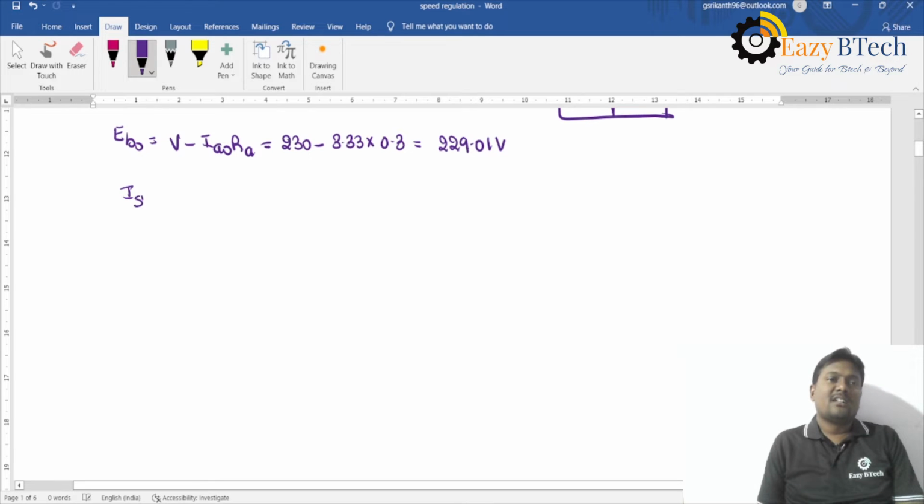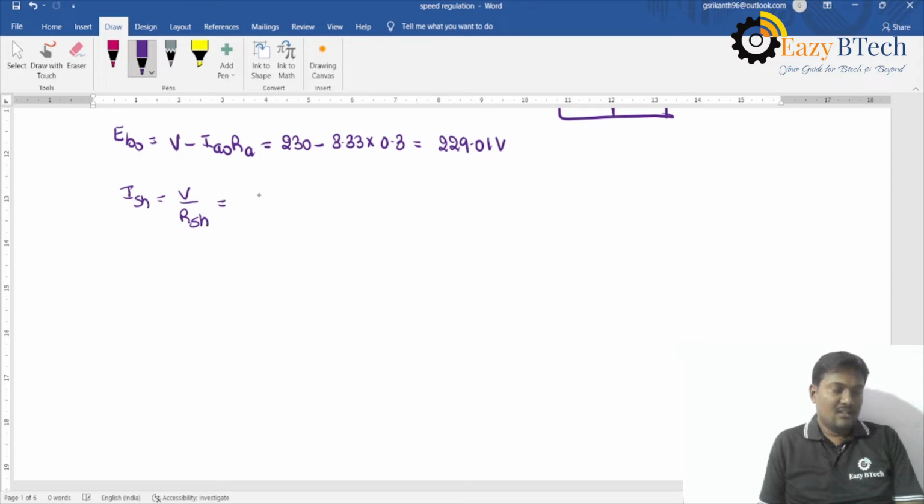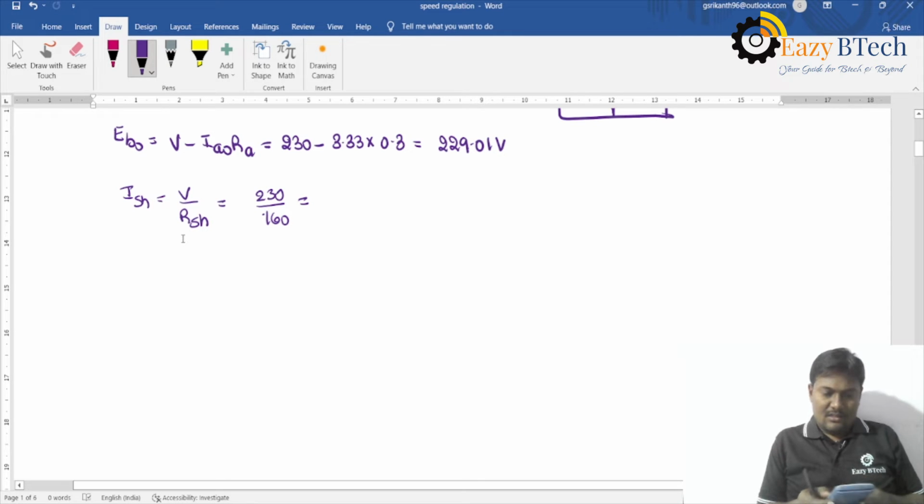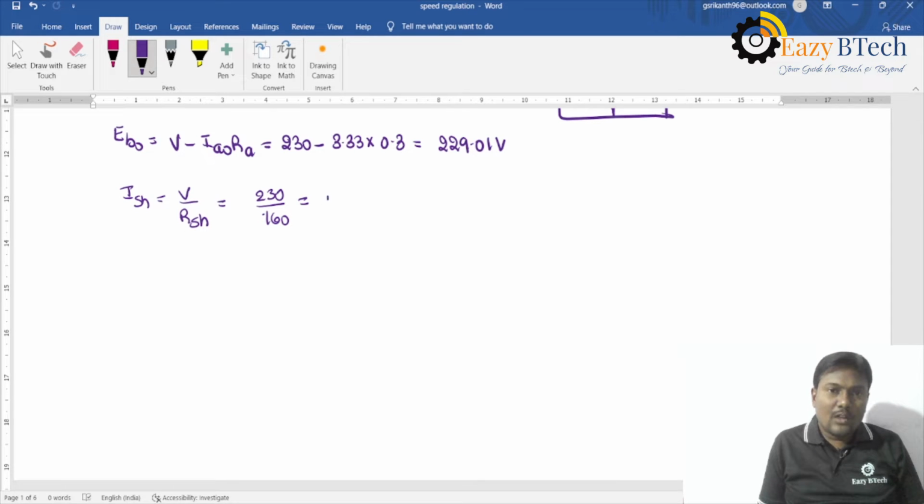What is the shunt current? V divided by RSH, that is 230 divided by 160, which gives 1.4375 amperes.